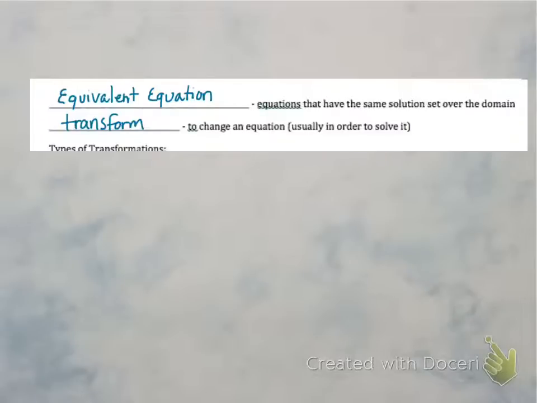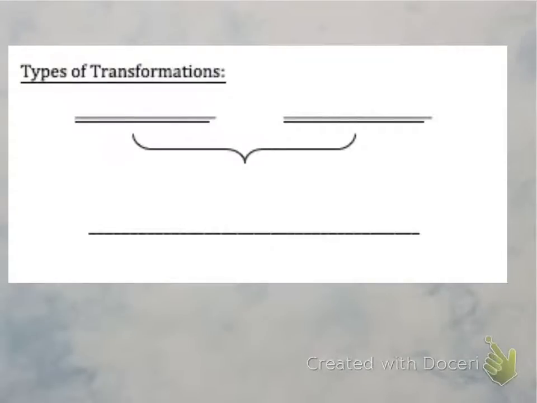There are certain types of transformations that we make, ALE, MLE, distributive, that will help us to solve. So we can transform with ALE, addition law of equality, and that just means we're going to be adding something to both sides. We can transform with MLE, the multiplication law of equality, and that means we would be multiplying something on both sides of the equation.